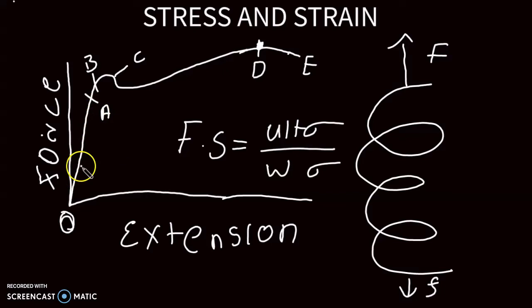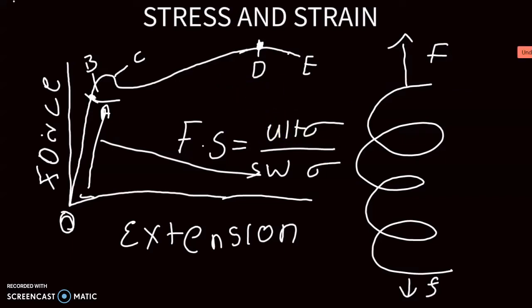It's within the Hooke's law. The ultimate stress is within this. The working stress, rather, is within the Hooke's law. And then the ultimate stress is the maximum force that can be applied to that material.